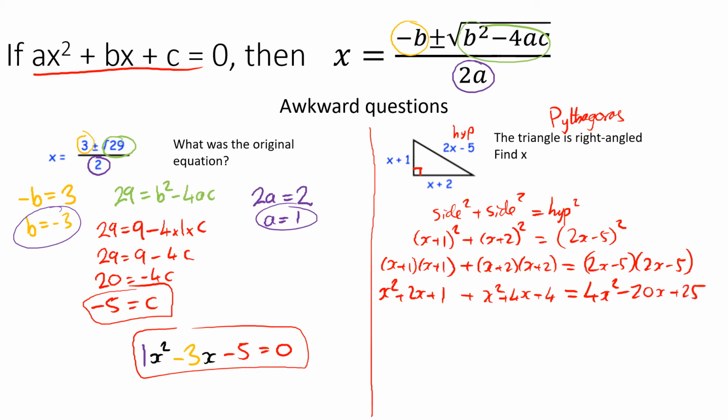And then what would you do? You'd have to subtract everything to one side. So we would subtract 2x squared, and that would get rid of these two here. And then we'd subtract a total of 6x, which would take us down to minus 26x, and that would get rid of those. And then we'd subtract 5, which would take us down to plus 20, which would get rid of those. And so we'd end up with a quadratic formula we can solve.